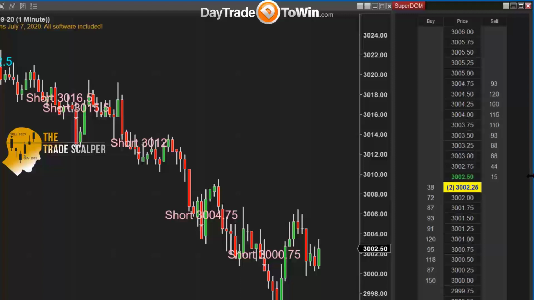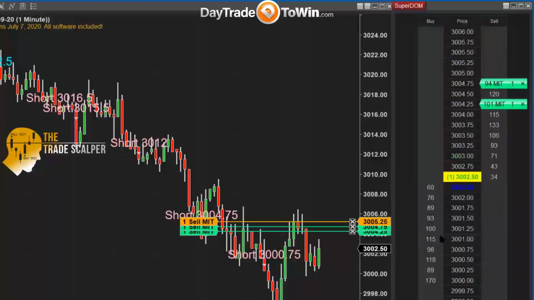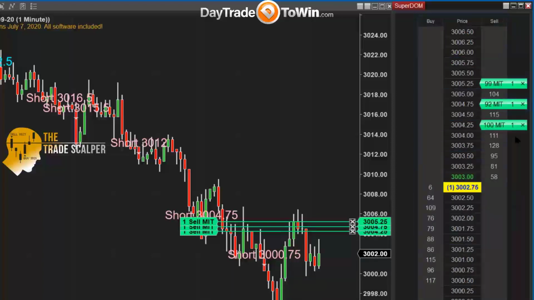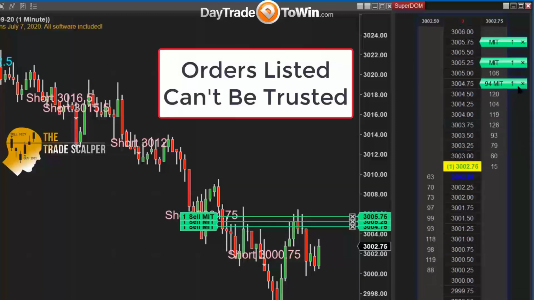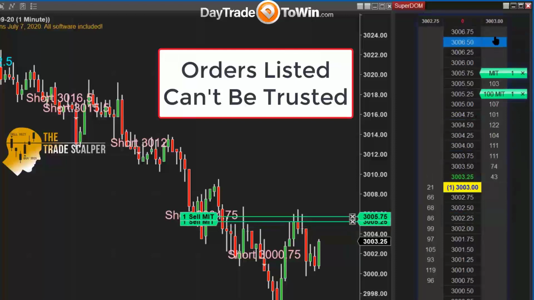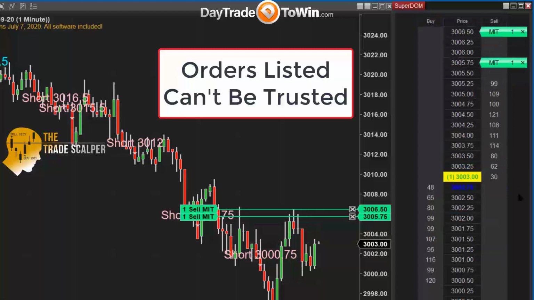So if I did something like this to be a seller, and as soon as the market comes close to these orders for me to sell, I move them, or I cancel them, or I add to them, or I keep on moving them. So you can't really trust the orders that are printed on the board, on the price ladder, on the dome, however you're looking at the market, as actual orders waiting to be filled.